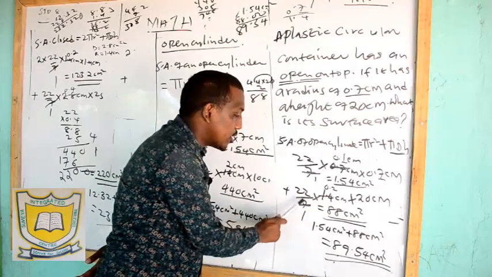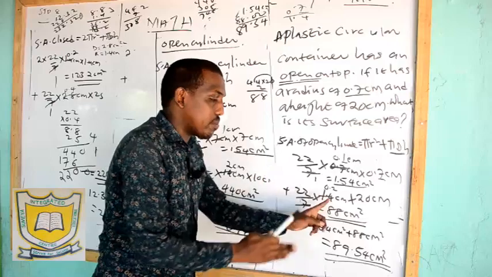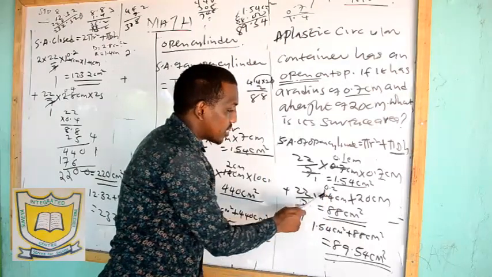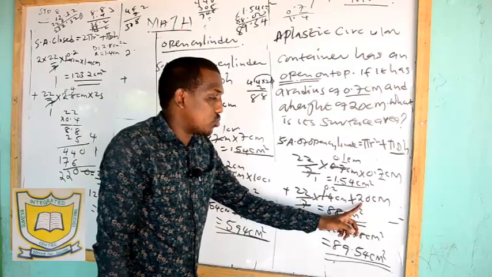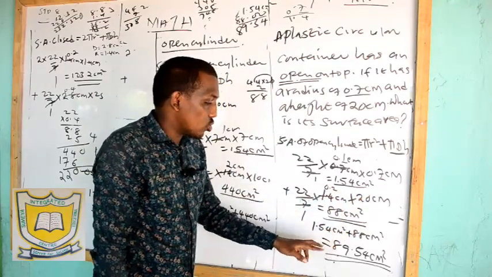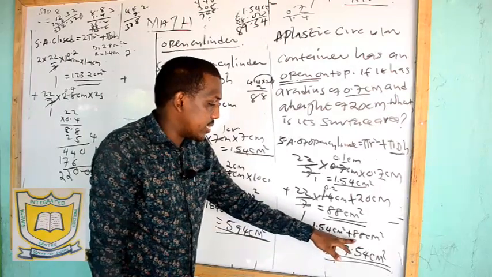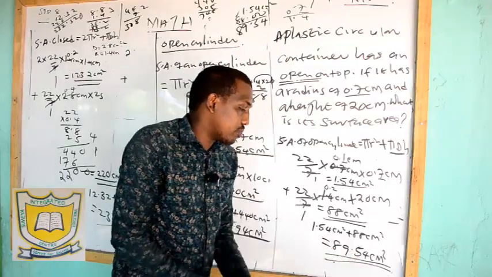Plus πdh: 22 over 7 times 1.4, since 0.7 plus 0.7, the diameter, is 1.4. So 7 into 1.4 is 0.2. 22 times 2 is 44, 44 times 2 is 88, then the 0 goes with this decimal, so you get 88. When you add 88 plus 1.54, you get 89.54 centimeter squared.